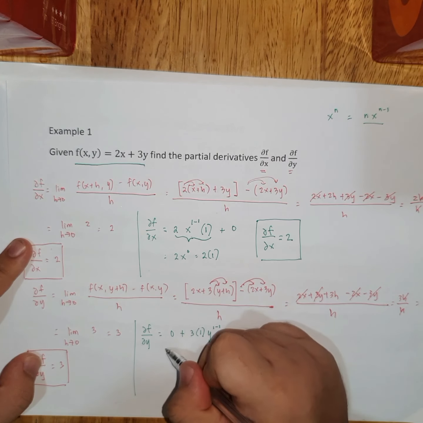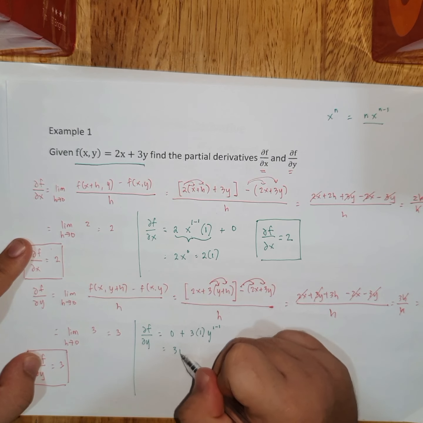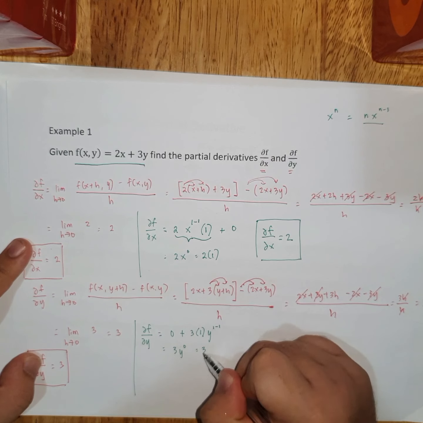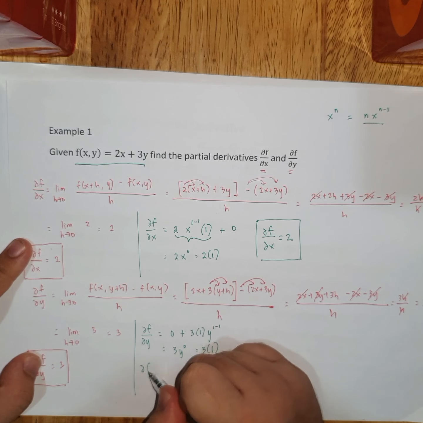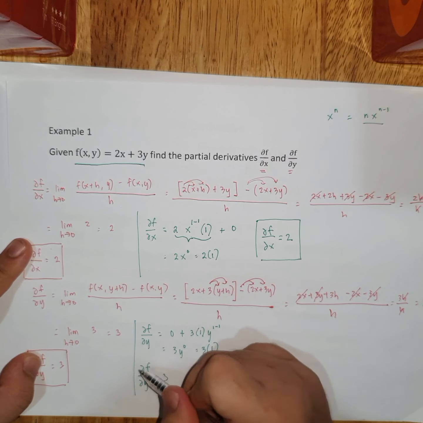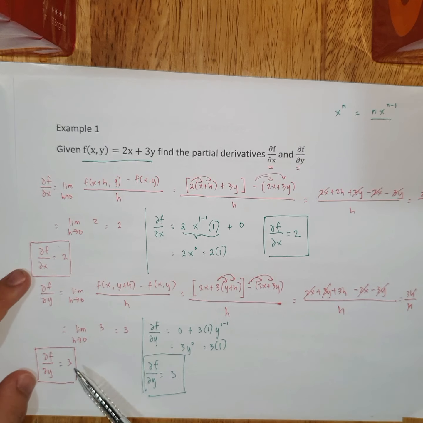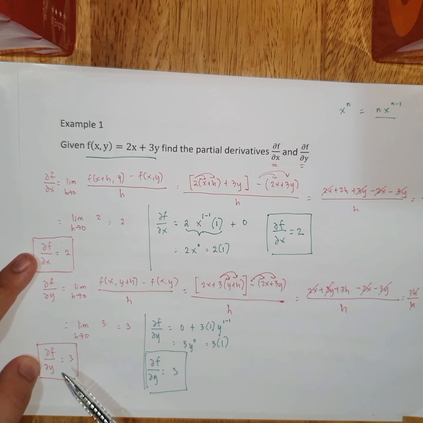Okay, simplify. So we have 3 times 1 is 3, and y raised to 0, or 3 times 1, partial of f with respect to y is equals to 3, which is the same as the first answer that we have based from the first method na ginagamit natin.